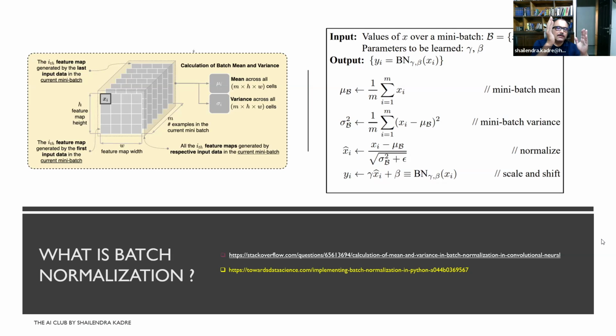Suppose you have 1 million records in your data set. For each record, a loss value is calculated, and backpropagation is done only after all 1 million records have done a forward pass.